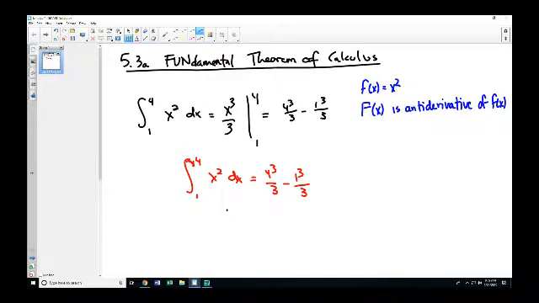And I can rewrite this now with my function notation, equals, now this is the antiderivative evaluated, right?